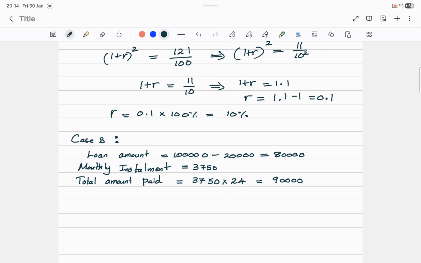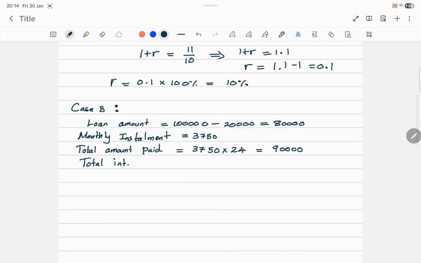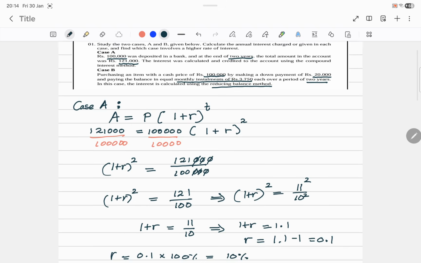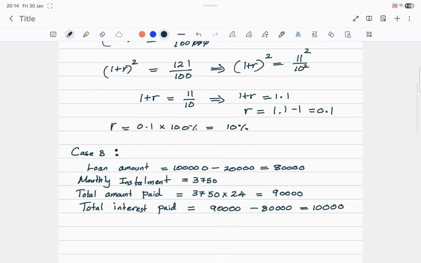So loan amount is 80,000, total amount paid is 90,000. Then we can figure out what? Total interest paid. Total interest paid is how much? The total interest is the total amount paid minus the loan amount, which is 10,000. Right. So total interest is 10,000.